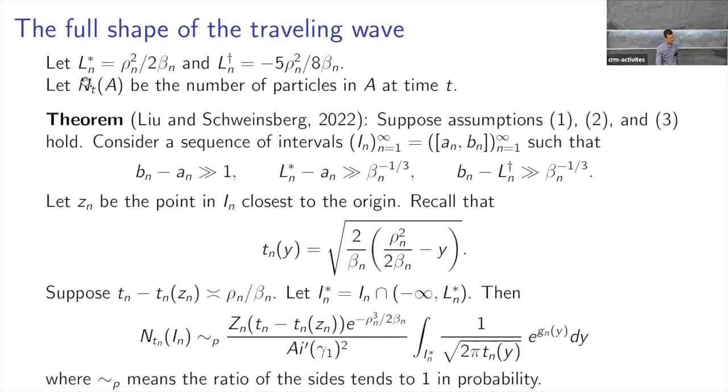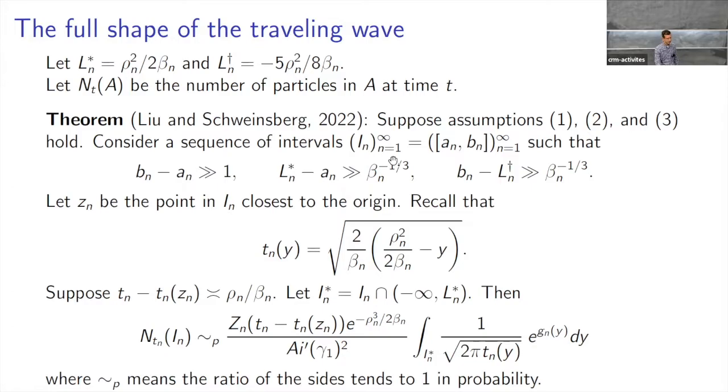So let's let Ln star be rho squared over 2 beta, which is roughly where we expect to find the fittest particles, and Ln dagger be -5 rho squared over 8 beta, which is where the least fit particles should be located. And we'll let nt of A be the number of particles in the set A at time t. So now we want to make the same 3 assumptions that we've made before.